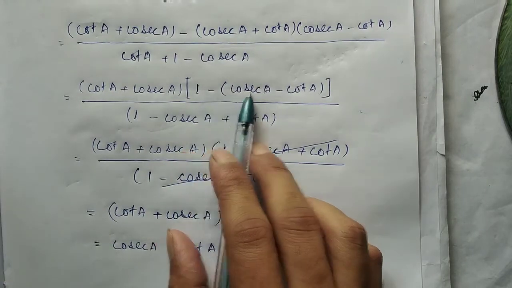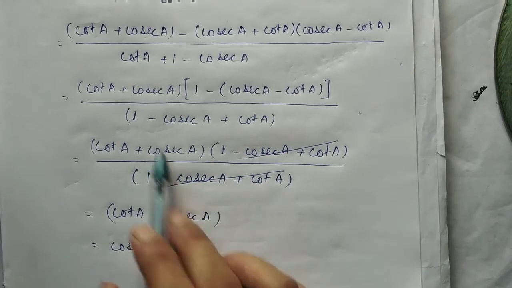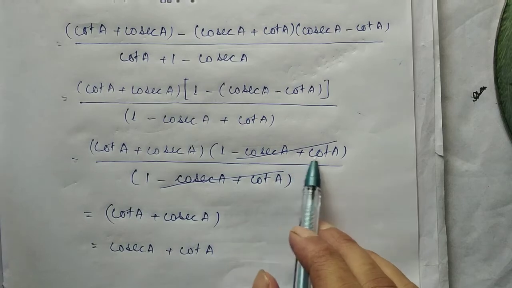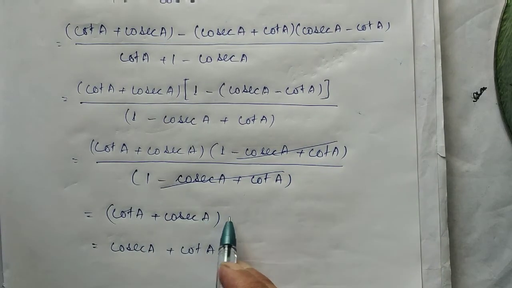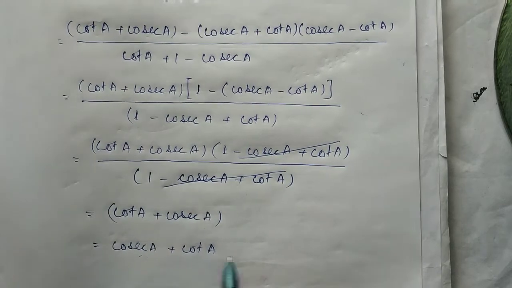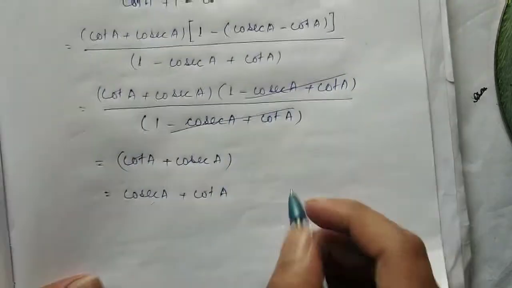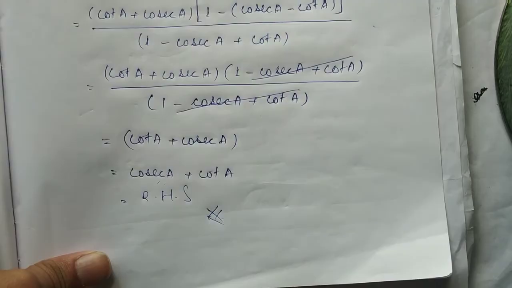Then minus of cosec a, and minus minus comes out to be plus. And we see that these two terms are exactly the same, so they get cancelled out. 1 minus cosec a plus cot a. And we remain with cot a plus cosec a, which is equal to cosec a plus cot a, and which is our right hand side. Hence we are done with the proof as well.